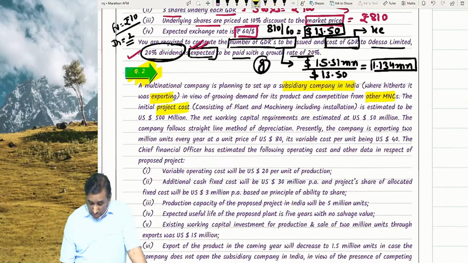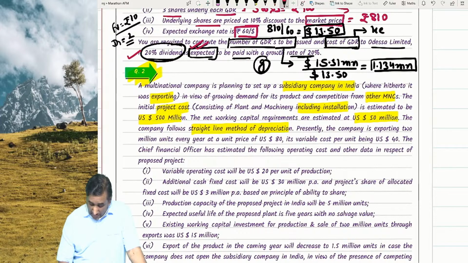The initial project cost consisting of plant and machinery including installation is estimated to be 500 million. The net working capital requirements are estimated at $50 million. The company follows the straight line method of depreciation. Presently, the company is exporting 2 million units.